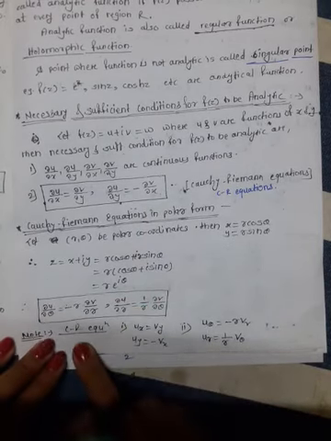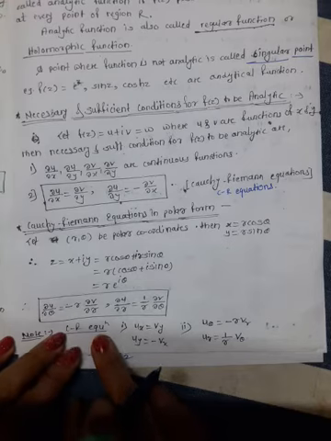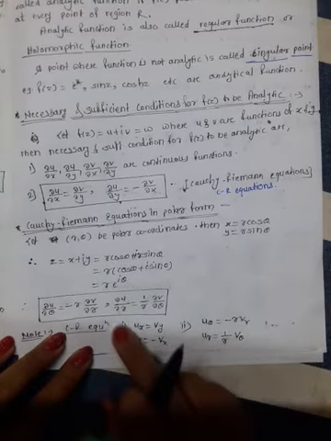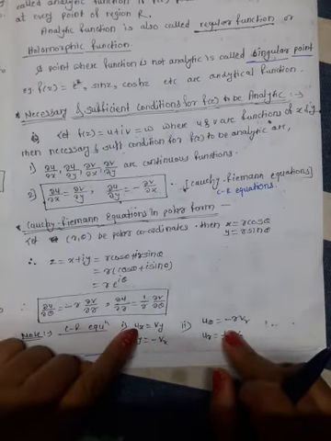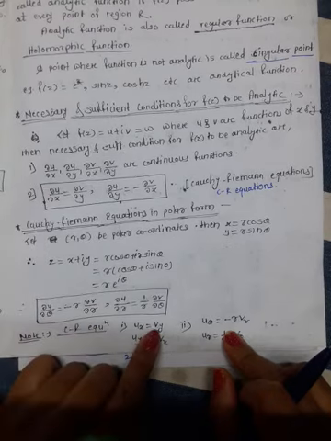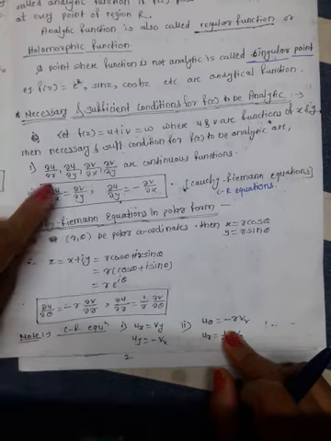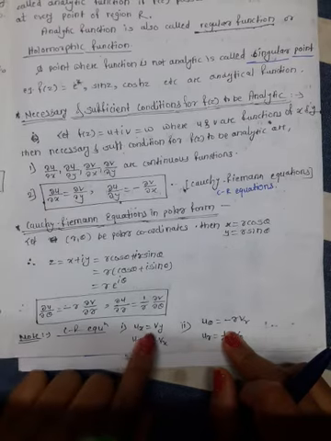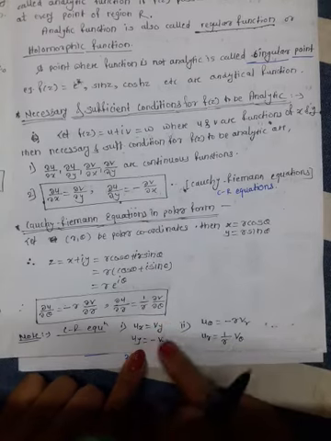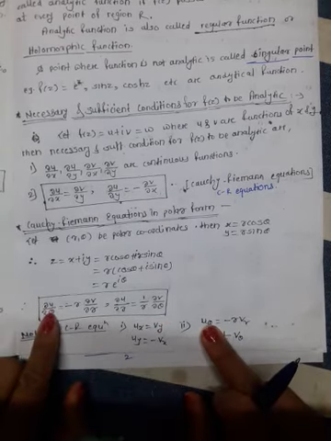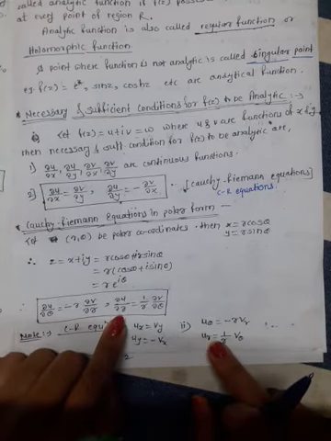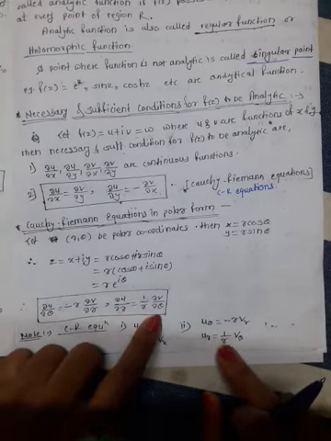Now here is some note. You can mug up these two equations in short form, where ux means the derivative of u with respect to x, that is ∂u/∂x, and vy means the derivative of v with respect to y, ∂v/∂y. ux is equal to vy, uy is equal to minus vx is the Cartesian form, and these are the polar forms: u theta is equal to minus r vr, and ur, the derivative of u with respect to r, is 1 upon r v theta.